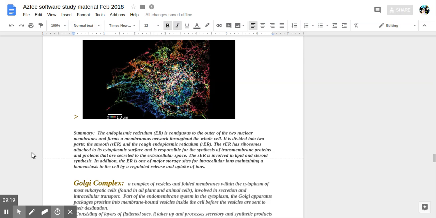Rough has ribosomes attached to a cytoplasmic surface, responsible for the synthesis of transmembrane proteins, which are proteins inside membranes, and those that are secreted to the extracellular space. The smooth is involved in lipid and steroid synthesis. The ER is one of the major storage sites for intracellular ions, to maintain homeostasis in the cell by regulated release and uptake of ions.